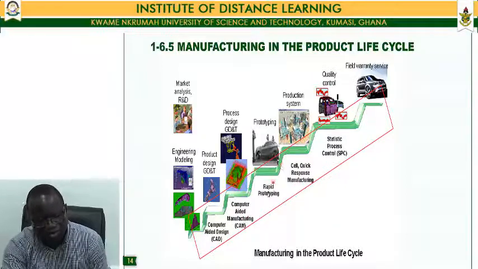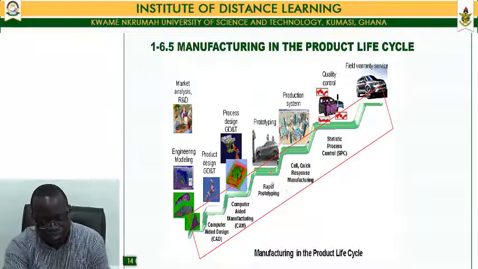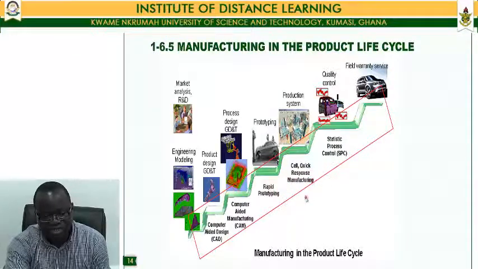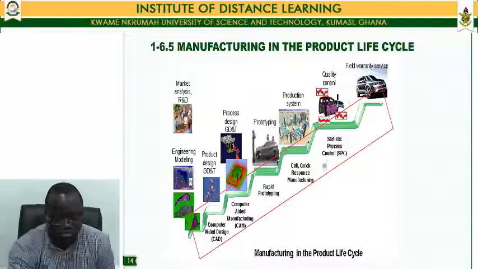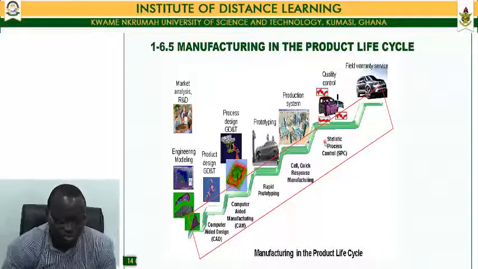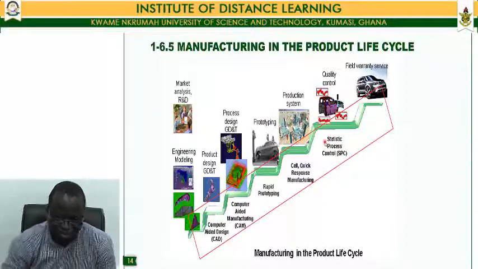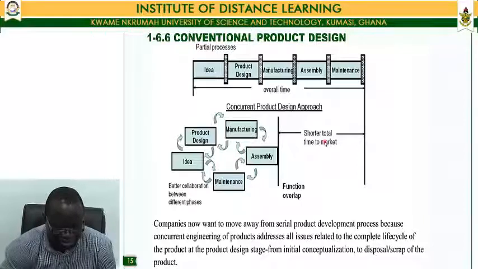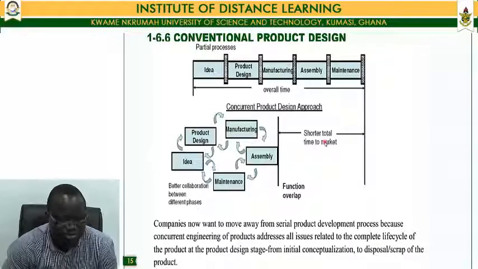At some point you have rapid prototyping taking place, you have cellular manufacturing, and then you have some process control in terms of the quality control taking place. Now, when you look at a typical product life cycle, let's look at conventional product design here.